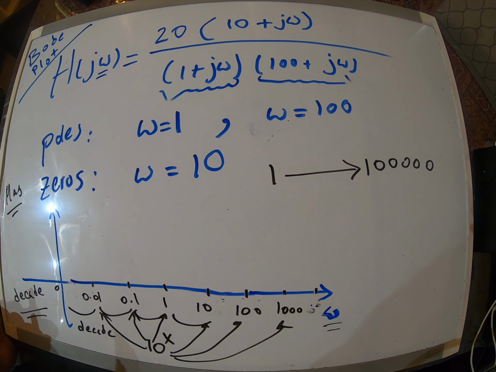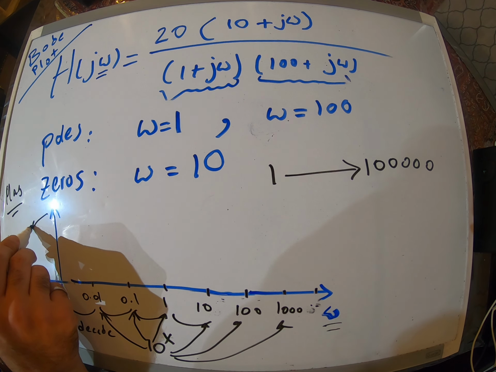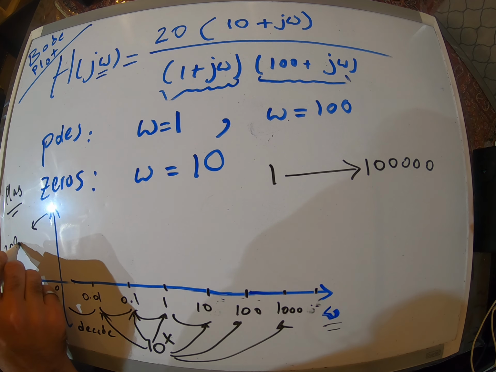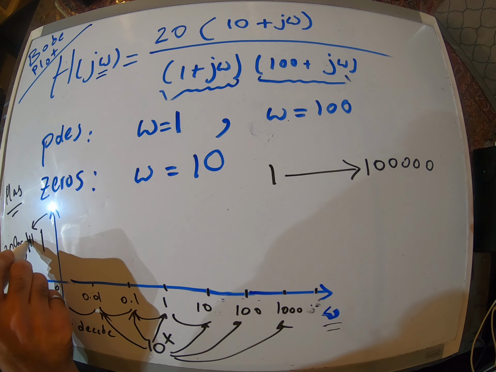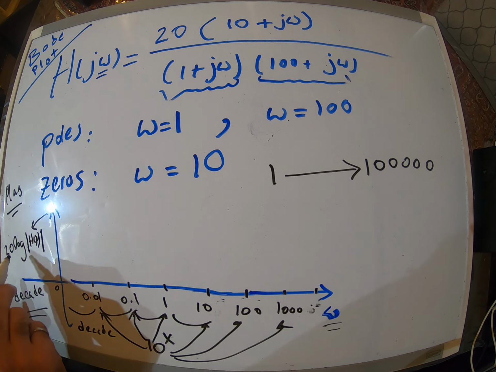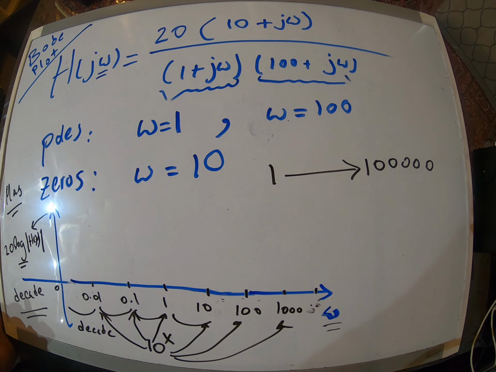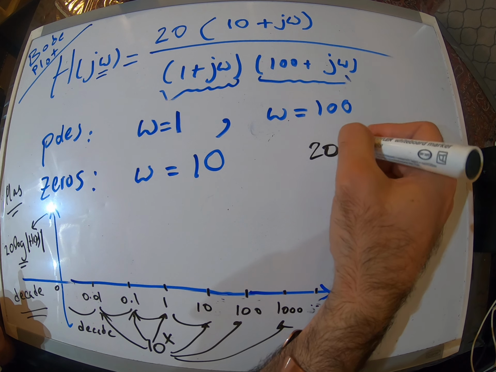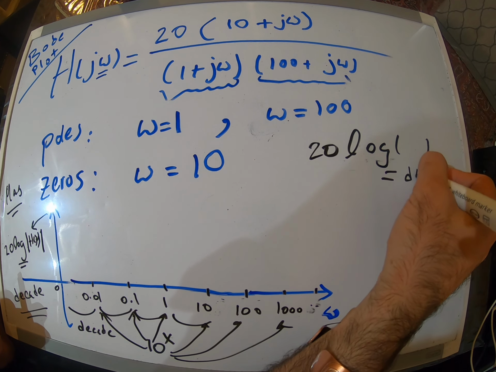For the vertical axis, we are going to have 20 log of the magnitude of H(j omega), right? So this is also logarithmic, but this is what we call decibel. 20 log of something, we call it decibel.